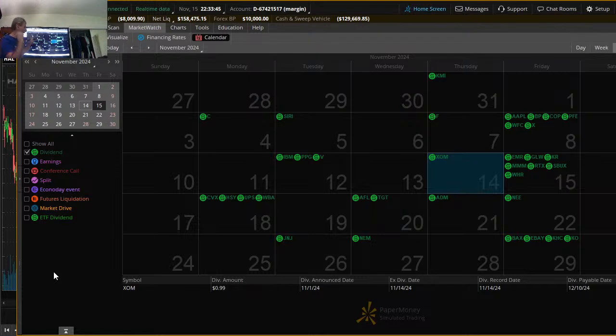This is a calendar. Each one of these dots represents a company that pays a dividend. A dividend is a portion of the company's profits that the company shares with you and me. We are the investors. When we buy the stock, we become shareholders, investors, however you want to look at it.